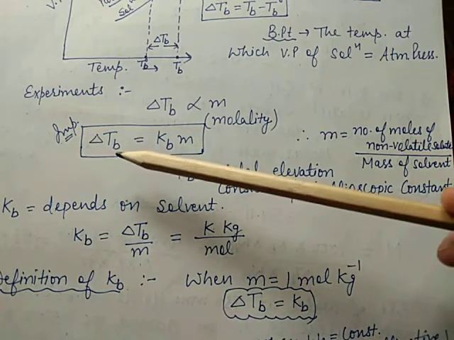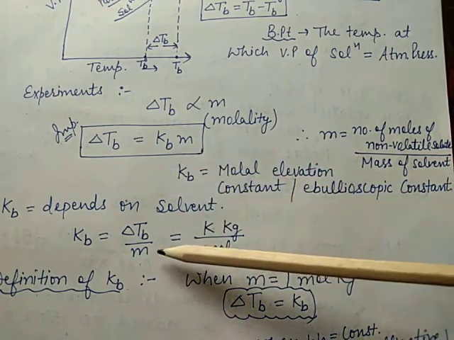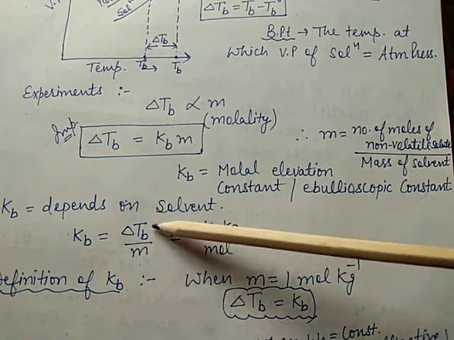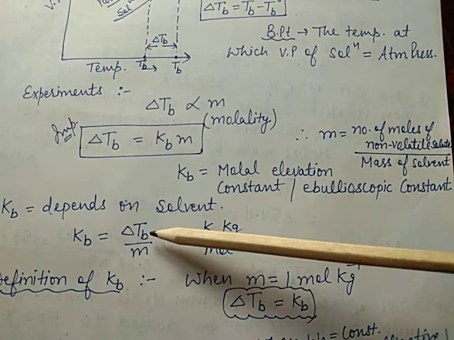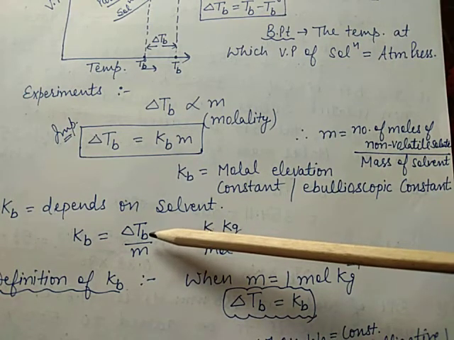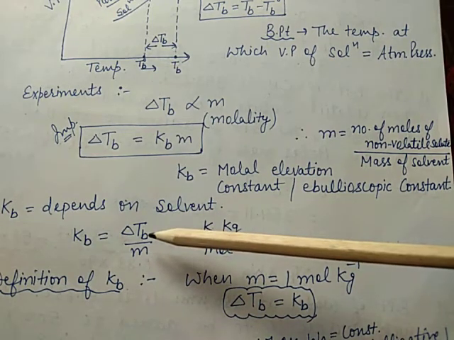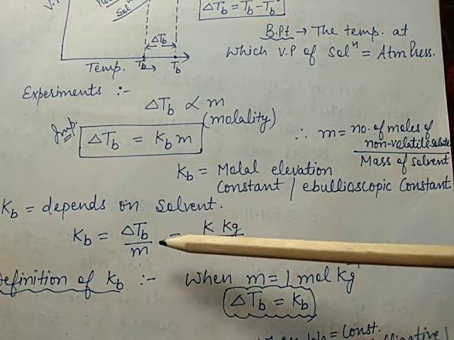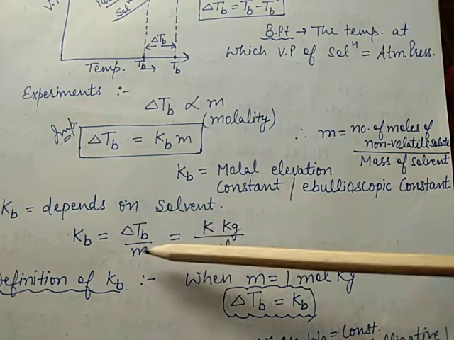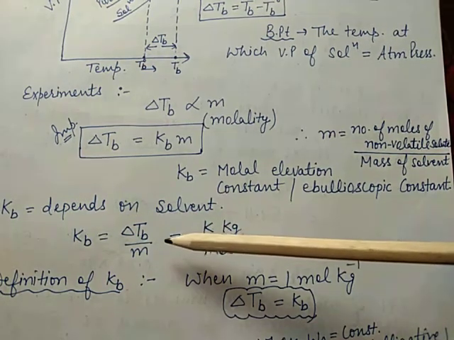Kb is equal to delta Tb by m. Delta Tb is the difference in the boiling point of the solution and that of the pure solvent. Delta Tb is called the elevation in boiling point.